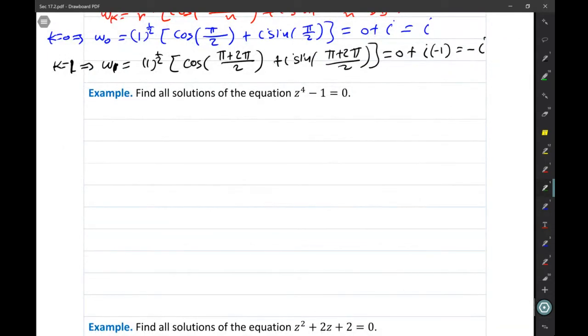Find all solutions of the equation z to the power 4 equals minus 1.